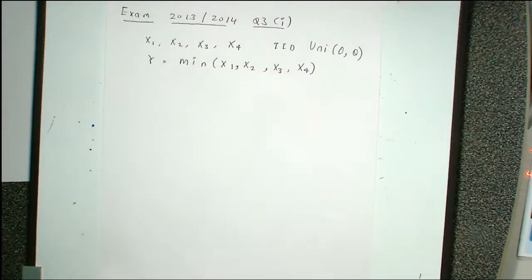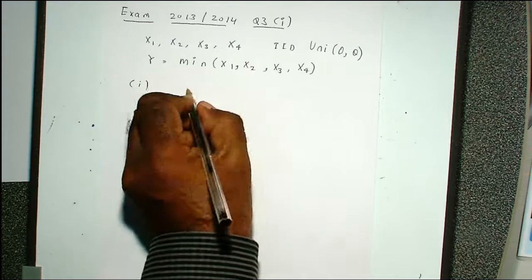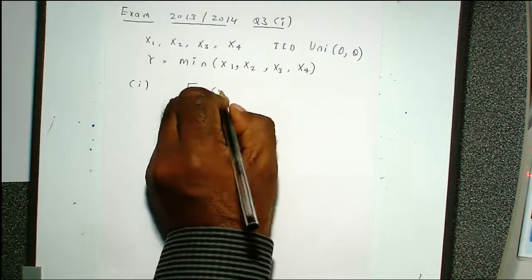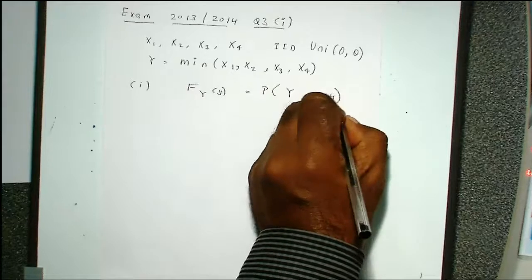The first part is asking you to find the CDF, or the cumulative distribution function, of Y. To find the CDF of Y, which by definition is the probability that Y is less than or equal to y.